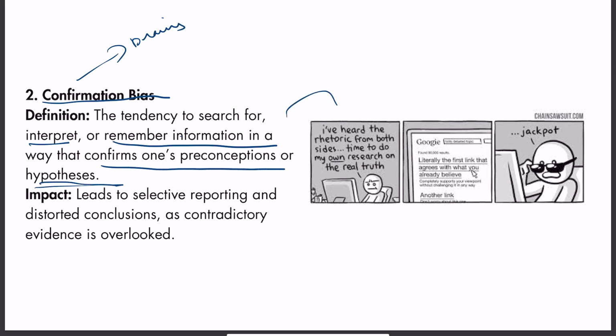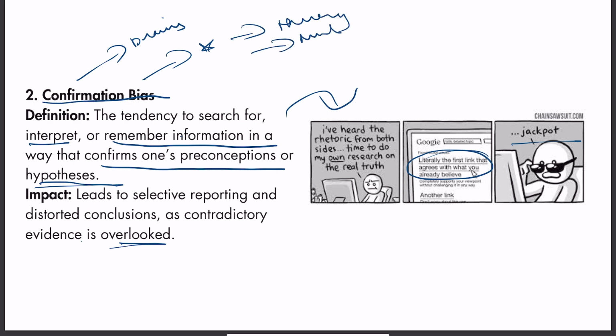And again, here is another comic to represent confirmation bias. It leads to selective reporting and distorted conclusions as contradictory evidence is overlooked. Really understand what confirmation bias tells you, and you can apply this throughout multiple areas of your life. This is a really interesting bias in behavioral science.